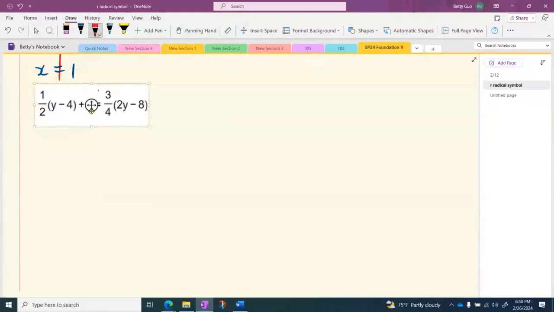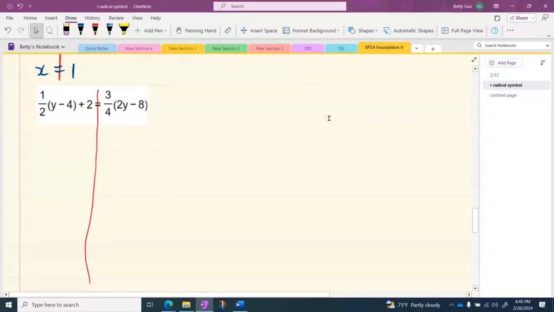Not only does this equation have denominators or fractions, it also has parentheses. It might be a pain to you. If we have parentheses in the equation, we need to apply the distributive property to get rid of the parentheses, the grouping symbol, right?